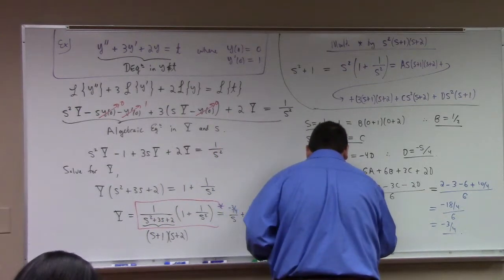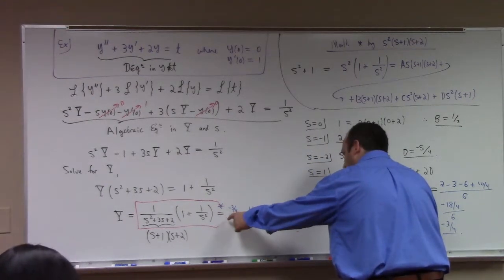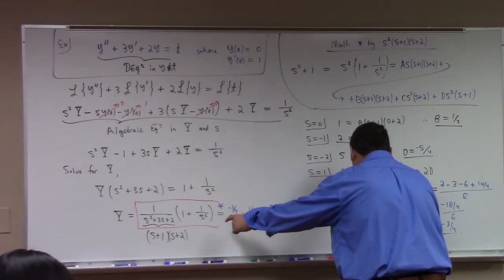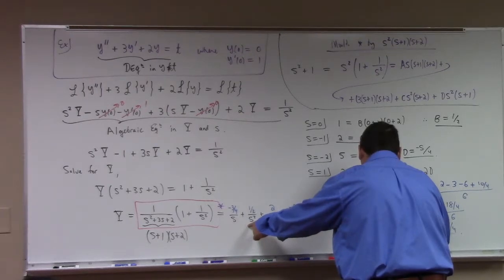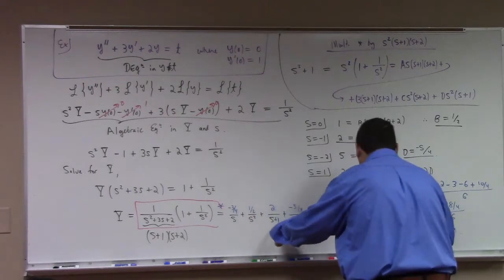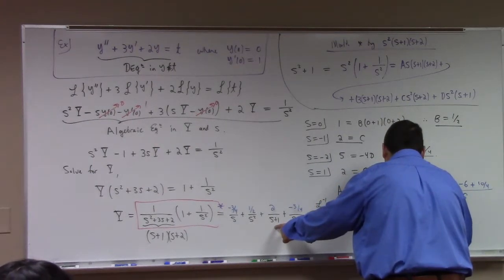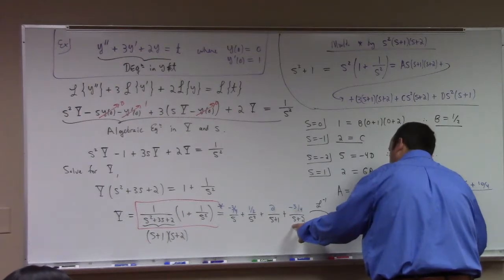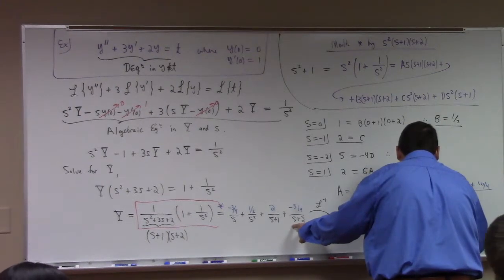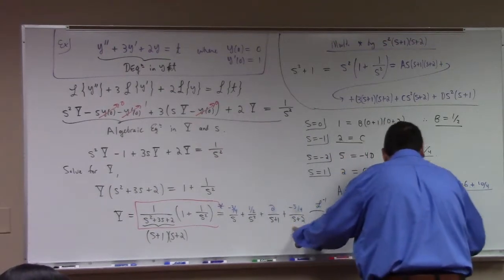So y of t equals 2, from the 1 over s that gives me minus 3/4, from the 1/2, I get plus 1/2 t, I believe, and then plus 2 e to the minus t minus 5/4 e to the minus 2t. There you go. That is the solution to the initial value problem that was stated.